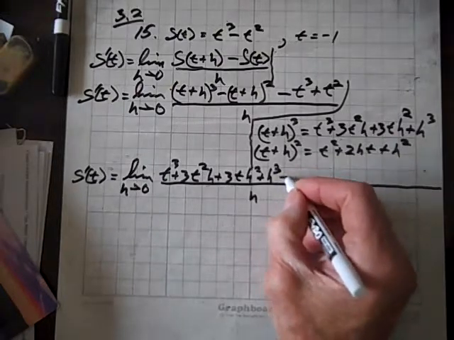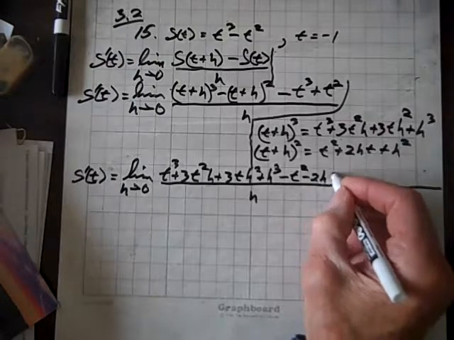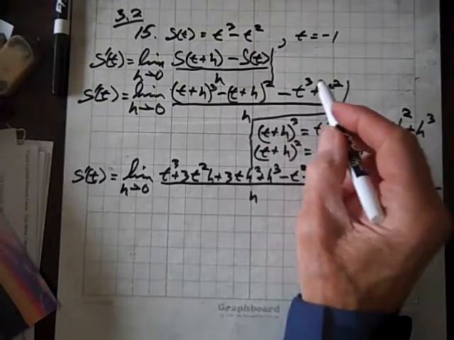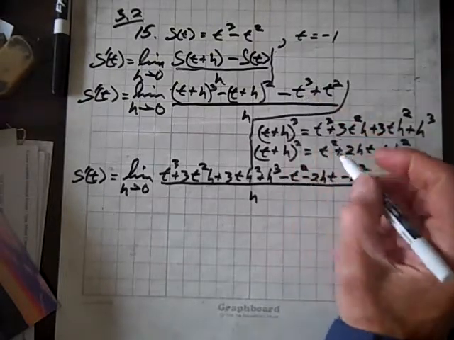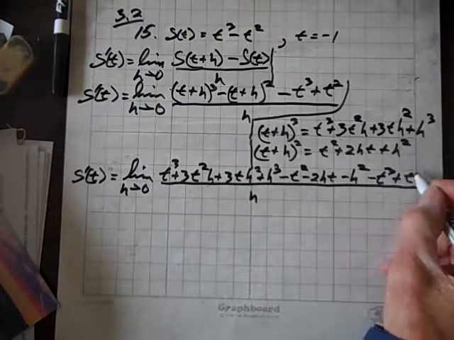So that's going to be minus t squared minus 2ht minus h squared. And also we need these components, this minus t cubed and plus t squared.